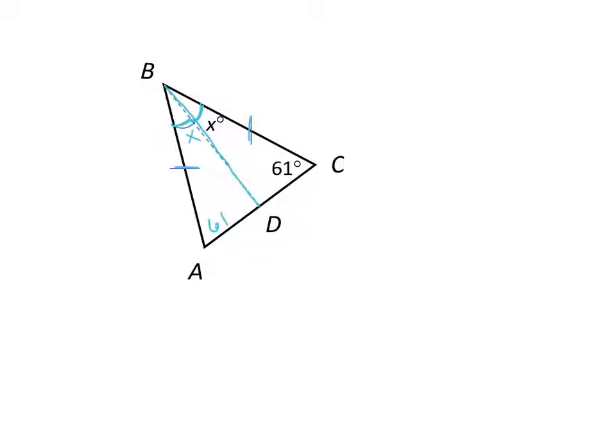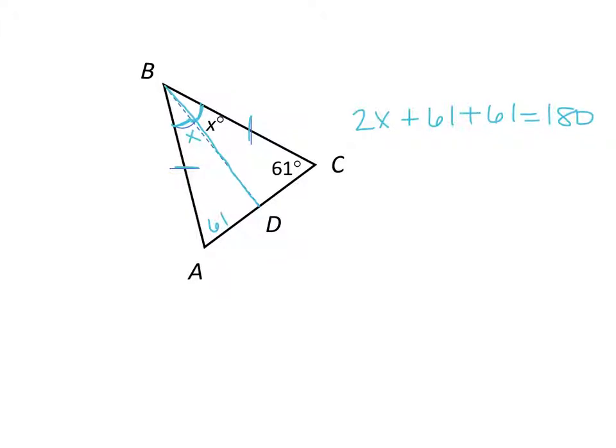That makes this angle up here x also. So if you just look at it as a big triangle, you have 2x plus 61 equals 180. This isn't the way I would do it just because it's bigger numbers and it's maybe more work. But you can totally do it this way and you will get the right answer.